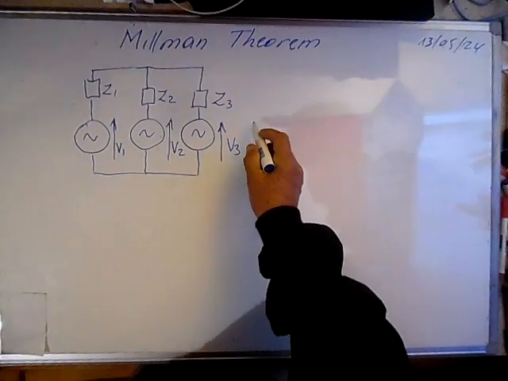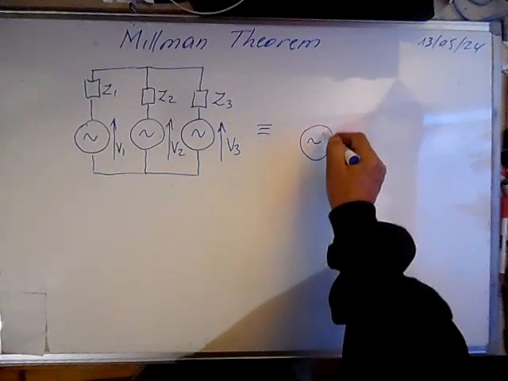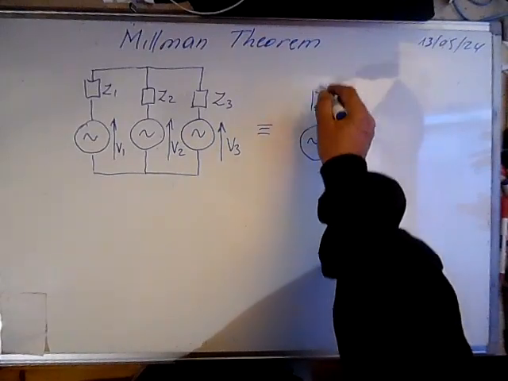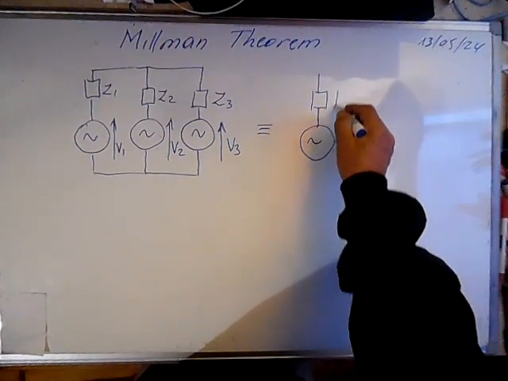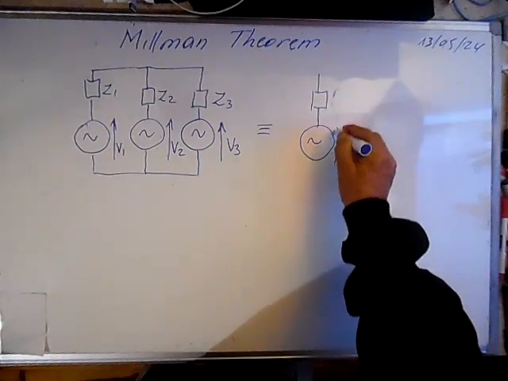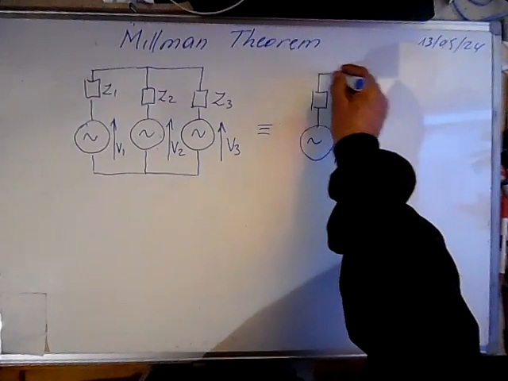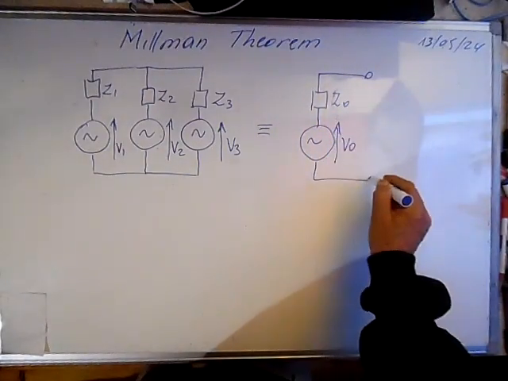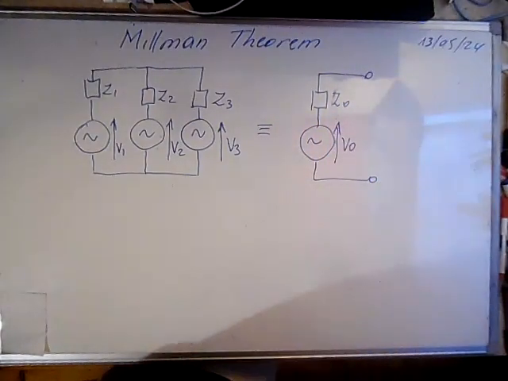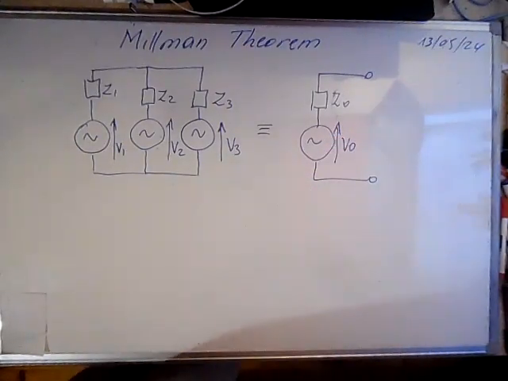This circuit we can transform to a single voltage generator. Here we will call this one V0 and here Z0. So these three generators we will try to transform them to a single one.